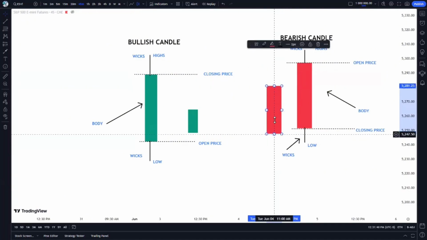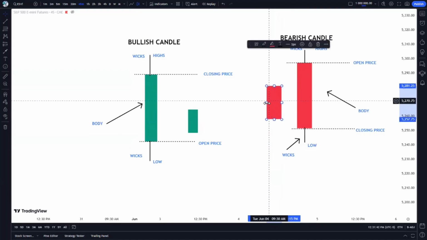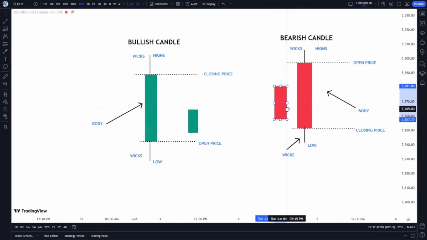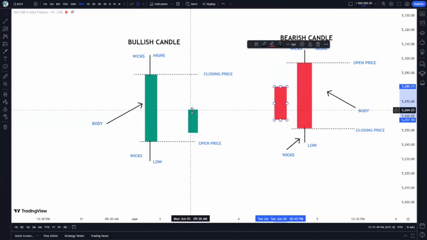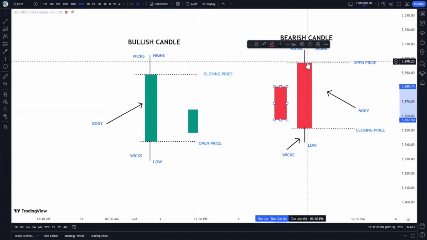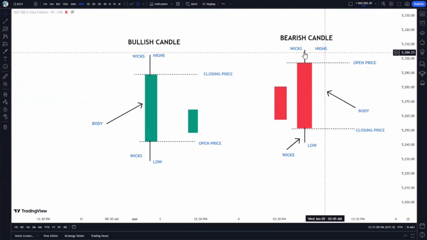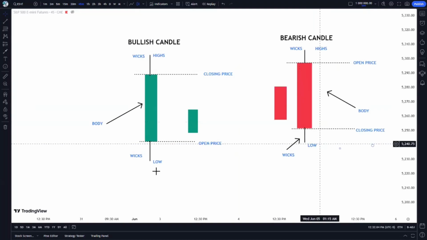So we want the market to not be too slow, even though we are going to be very patient, but we don't want the market to be moving so slow. So these would be the smaller bodies. This means there was less volume, and this means there is more volume. So that's the body. And remember, the highest point that the wick reached is the high, and the lowest would be the lowest point that the wick reached.